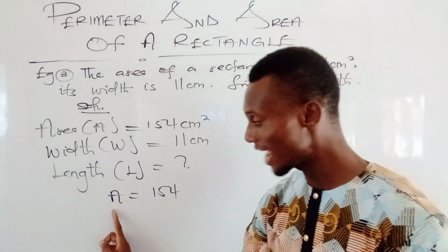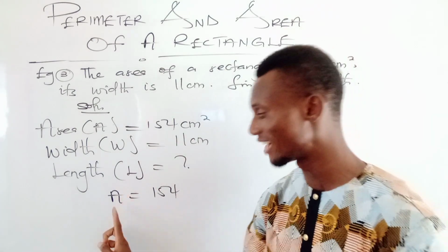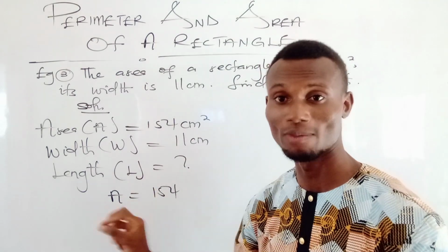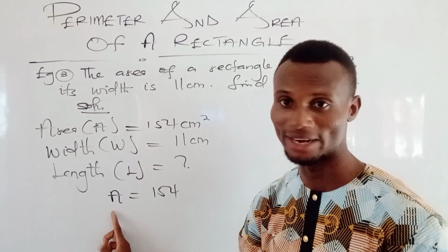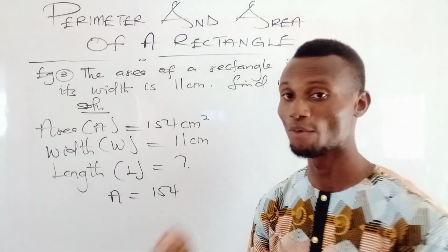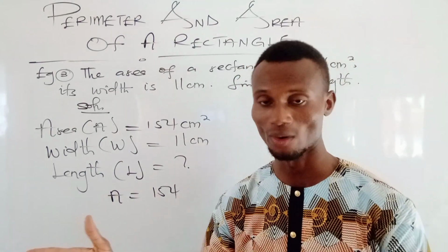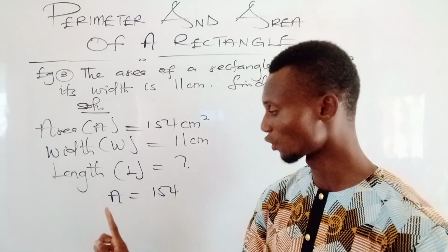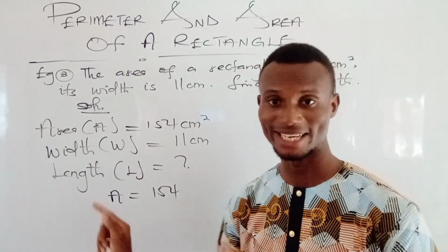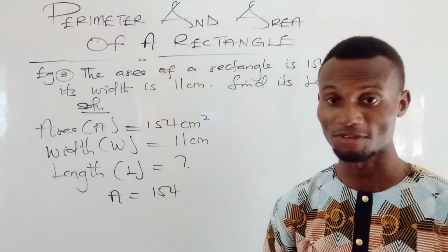Now A represents the area of a rectangle, so it means in place of the A, I can put the formula for finding the area of a rectangle there. We know that the area of a rectangle is length times width, which is L times W. So in place of this A, I'll put L times W there, then equals to my 154.